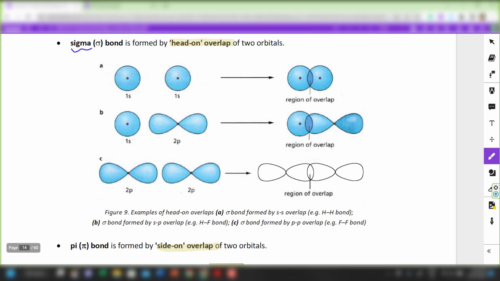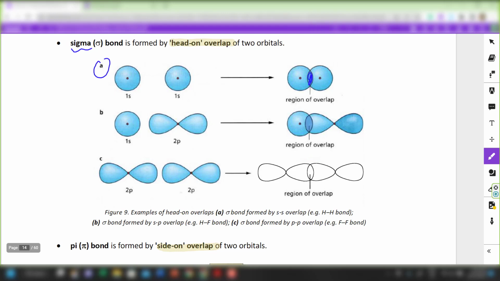Okay, so you can have head-on overlap between s orbitals. For example, given in this case under A, you have the 1s orbitals coming together, and when they come together, there is this region of overlap over here.